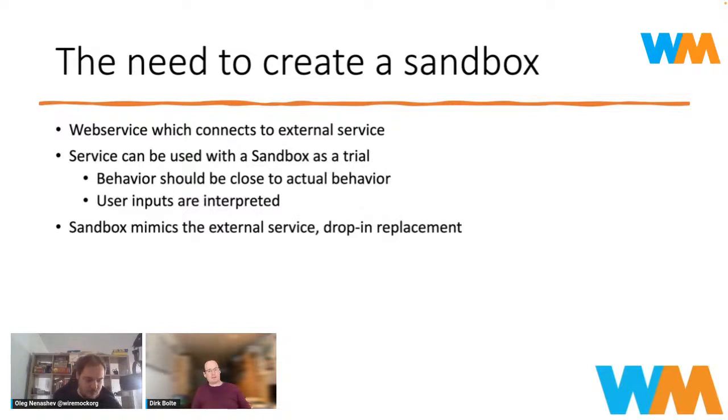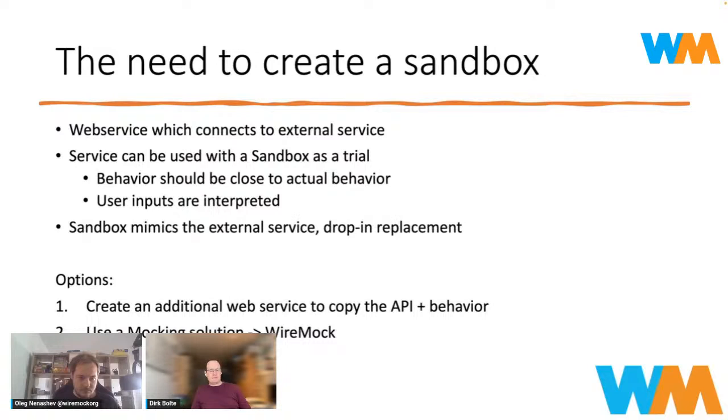That means if I enter, for example, my name, it should be in there, whatever the name would be. And it should be deployed along with the productive environment, as a productive part of the software. The idea was to have a sandbox which is a drop-in replacement for the external service. As soon as licensing starts, the services switch over to the actual third-party service. So the API behavior should be the same for the trial run as well as for the actual paid run.